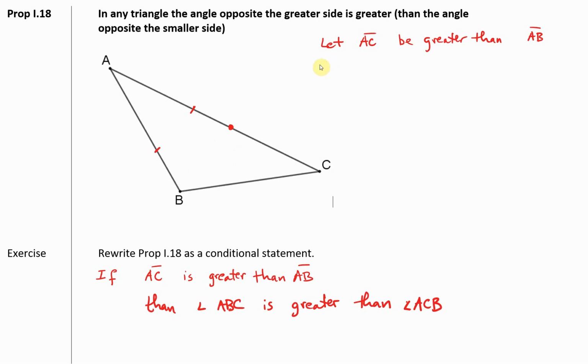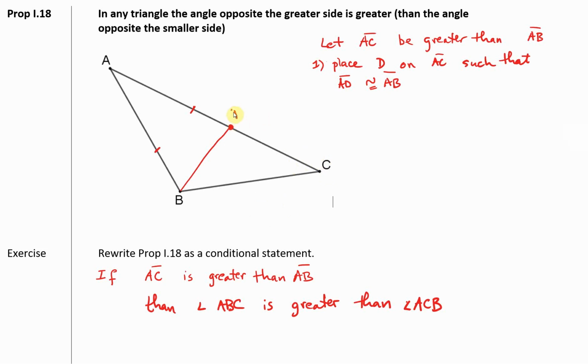So place D on AC such that AD is congruent to AB. Okay, just like that. Now, before I go too much further with the writing, I think it's always helpful to visualize.